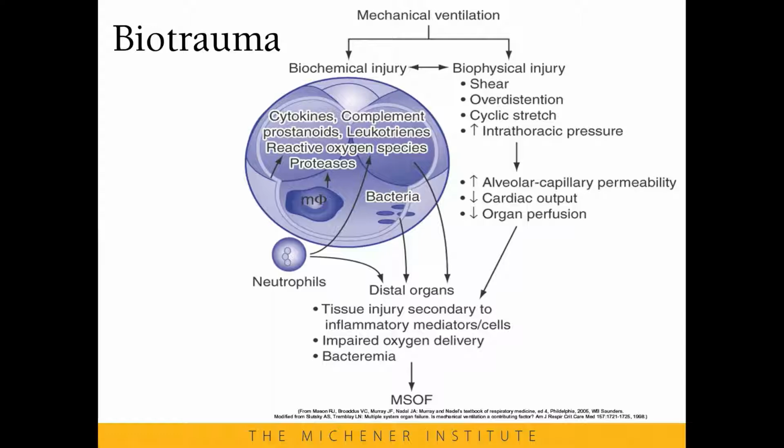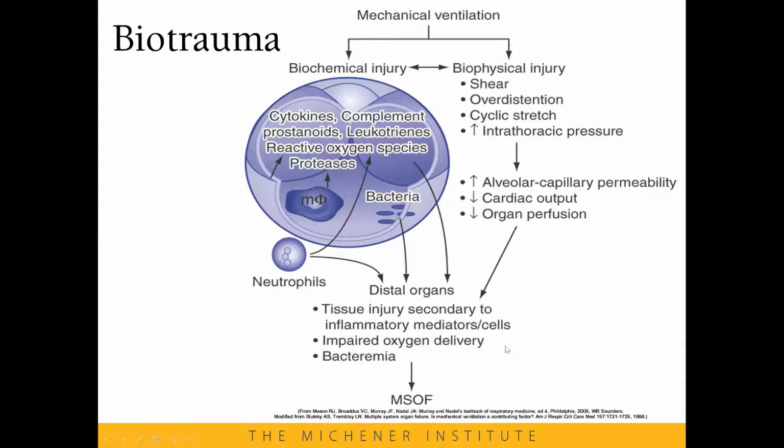And as a result, these chemical mediators will cause damage to the lungs, and that's what's going to result in our patient having sort of an ARDS lung. So the chemical mediators, if they spill into the systemic circulation, then they can actually result in multi-system organ failure.